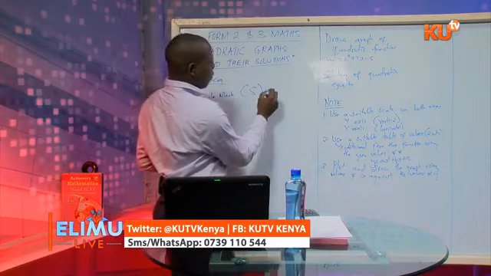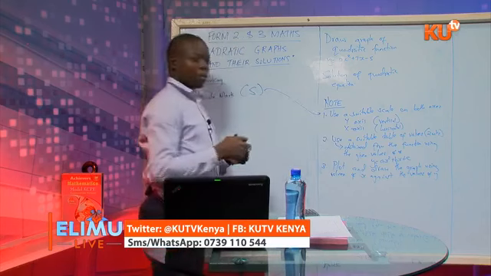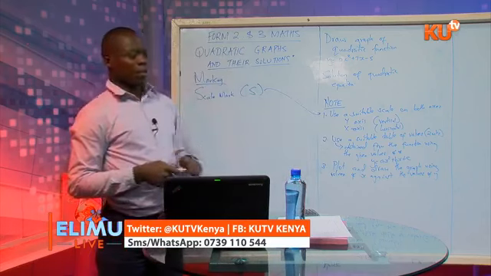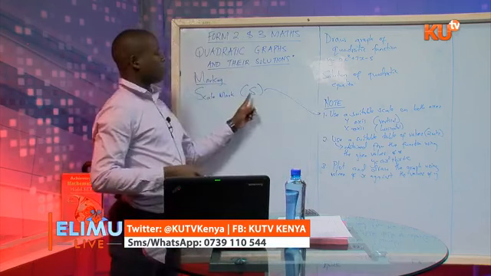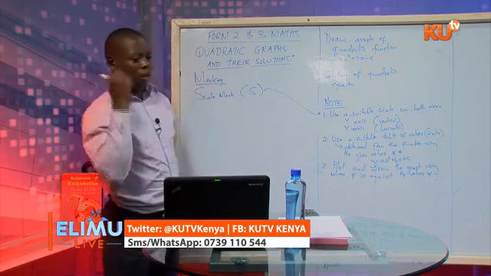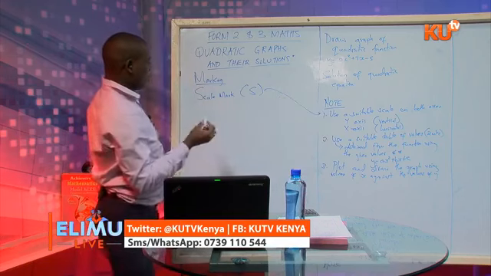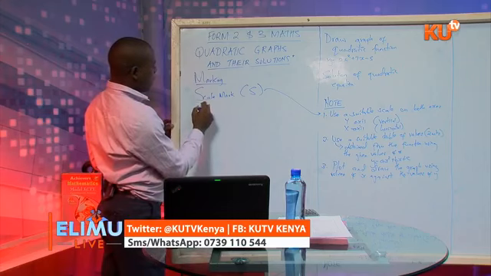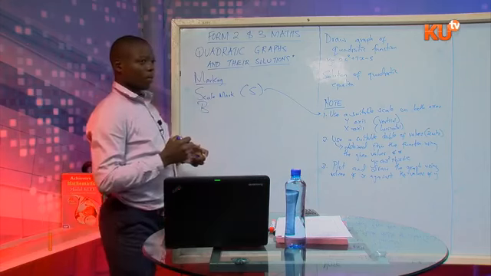And this only happens for that person who has used a suitable scale on both axes. So for you to score this, you must ensure that you followed what you said under the note.